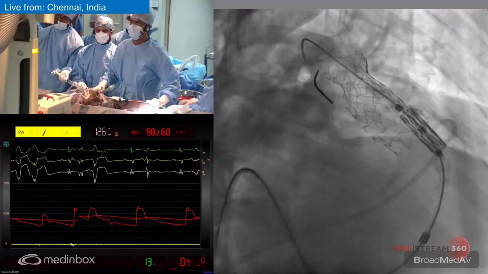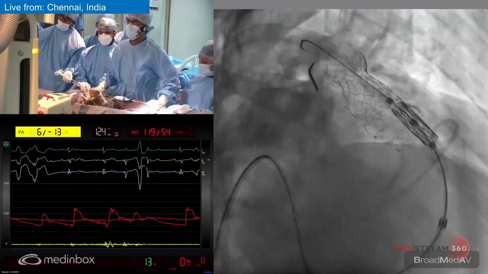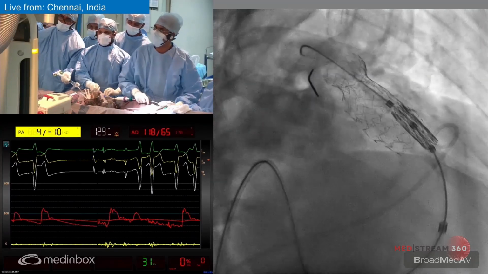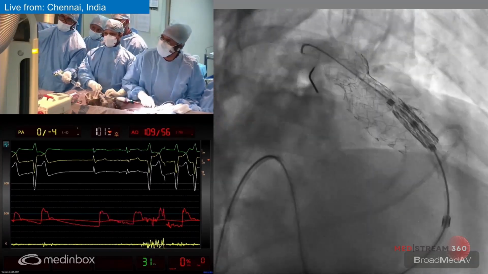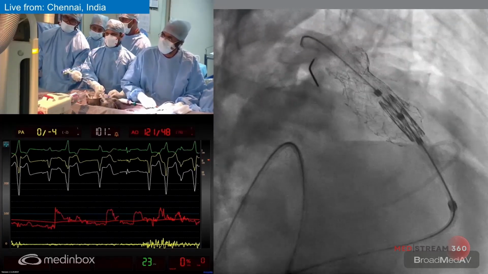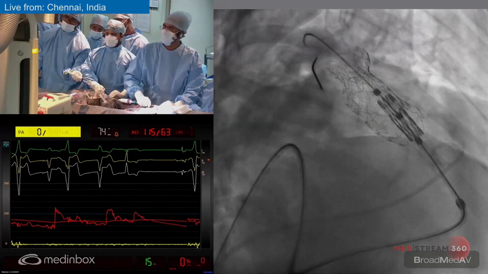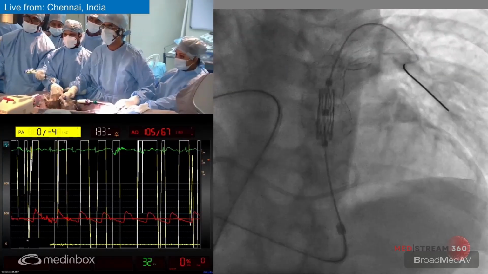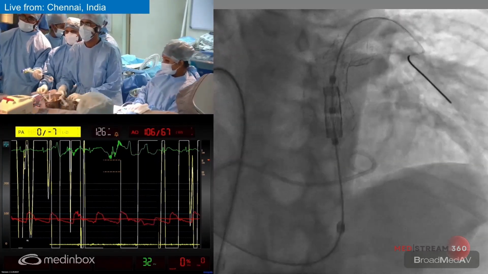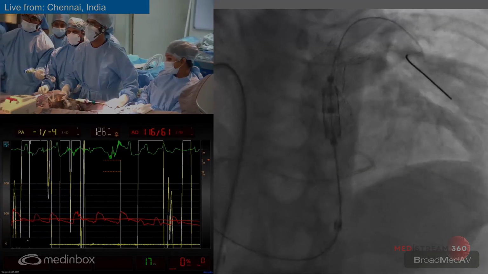I am making a loop in the right atrium in order to push the assembly. Okay. Now I will try to loosen the loop in the right atrium.